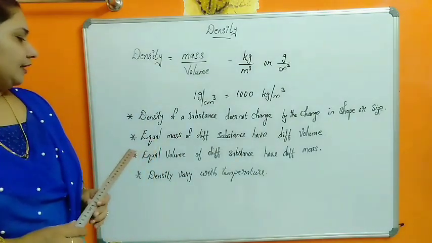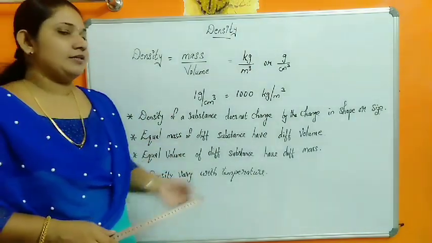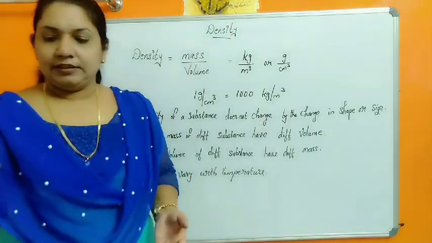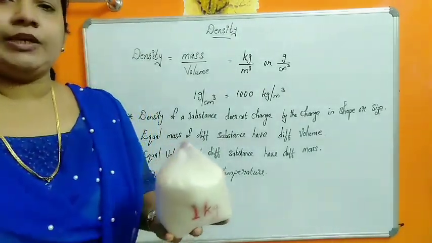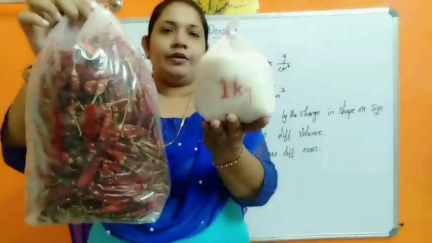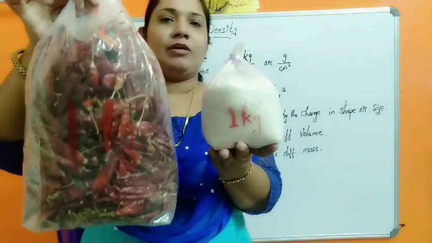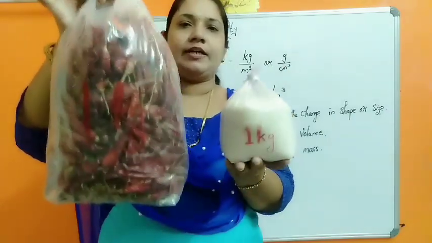The second topic is: equal mass of different substances have different volume. Here you can see equal mass, 1 kilogram of sugar and 1 kilogram of red chili. I took equal mass of sugar and red chili.